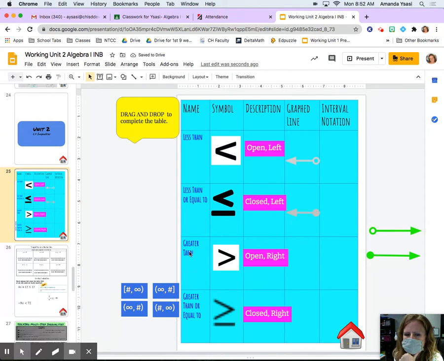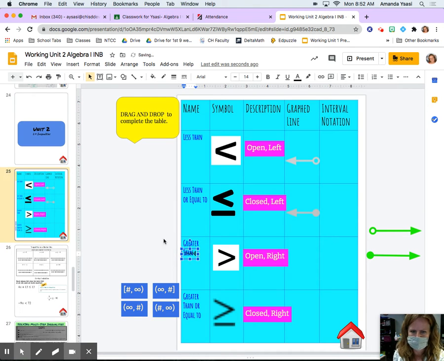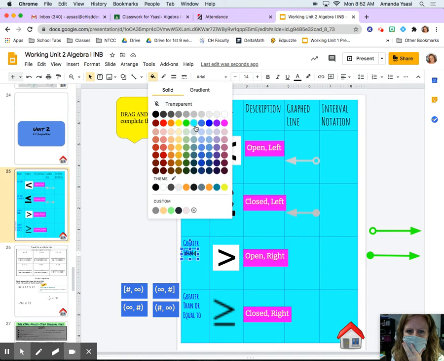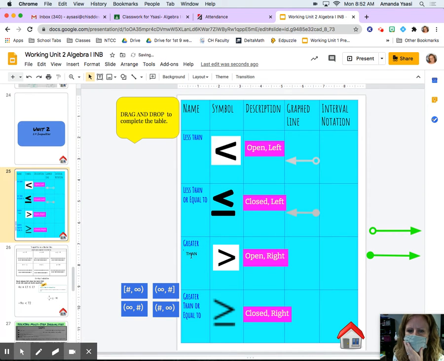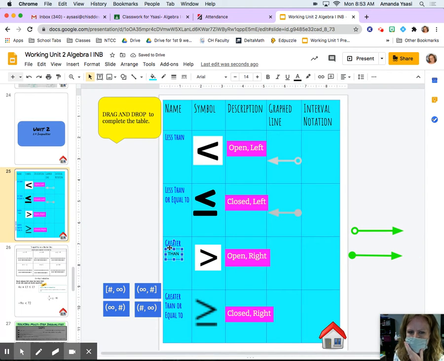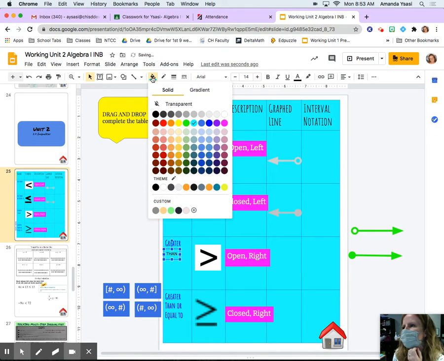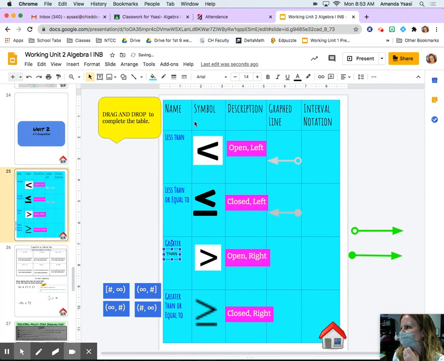Greater than, oh, I misspelled greater than, didn't I? Let's fix that. Let's put a little text box over the top of this and put "than," and then do the fill color can be that. So I inserted text right here, and I made the fill color of it the same color as the background, which is the paint can right here.